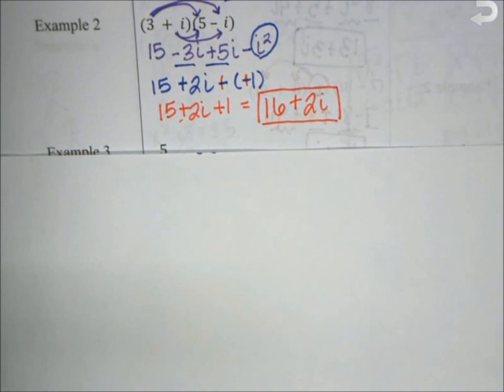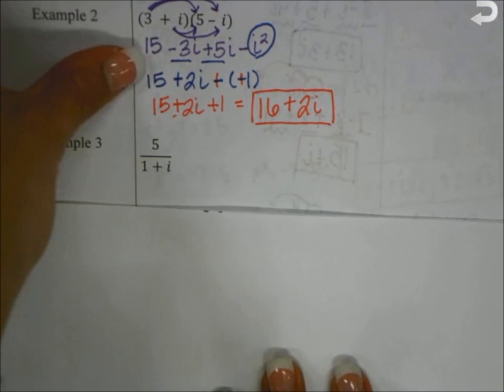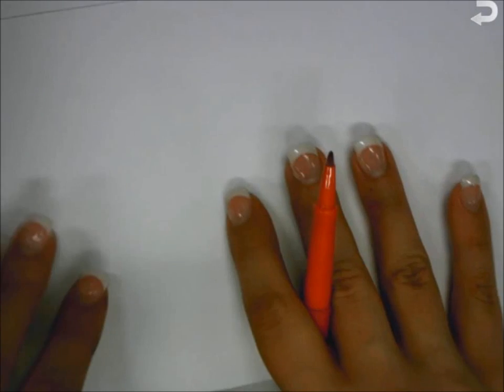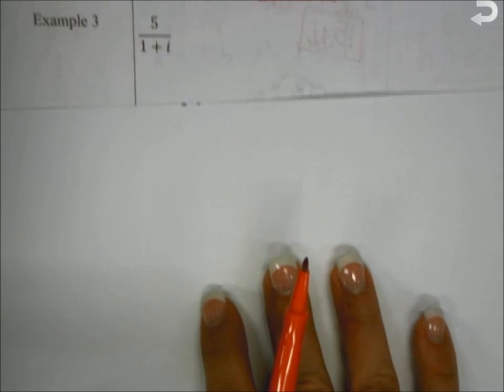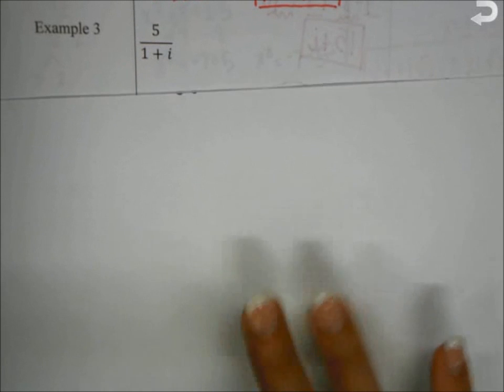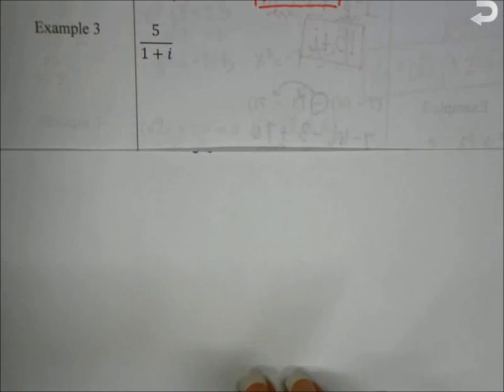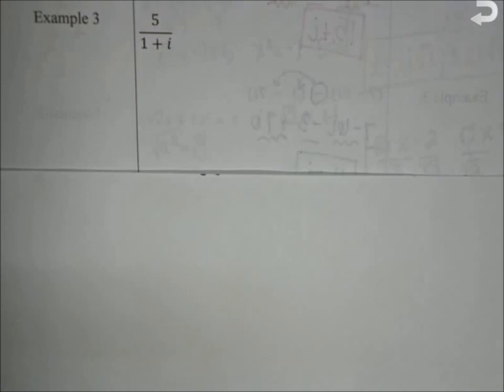Example 3. 5 divided by 1 plus i. Now we have something in here that is a big no-no in the denominator. What's in that denominator that we don't want? An i. So how do we get rid of it? Do you guys remember? We multiply by the what?